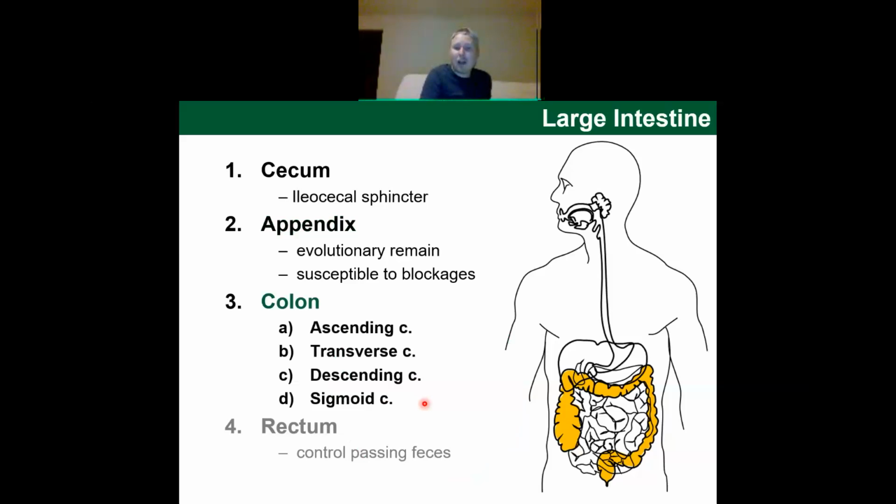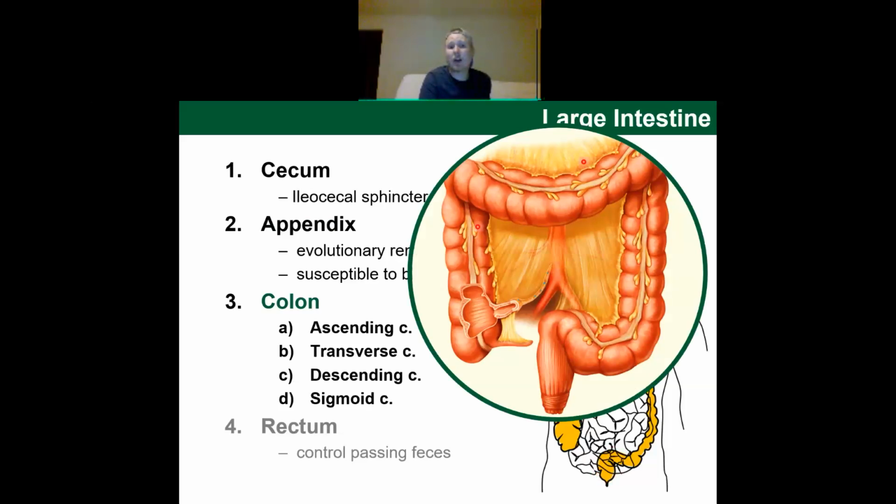After that, we get to the colon, which is the most prominent part of the large intestines. Colon can be divided into 4 parts. We have the ascending colon that climbs up, the transverse colon that crosses across at the superior aspect, descending colon going downwards, and then sigmoid colon, which you'll remember because it makes a little bit like a shape of an S. And here's a picture of the colon.